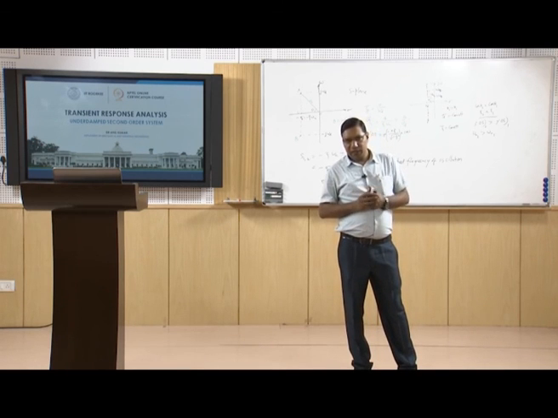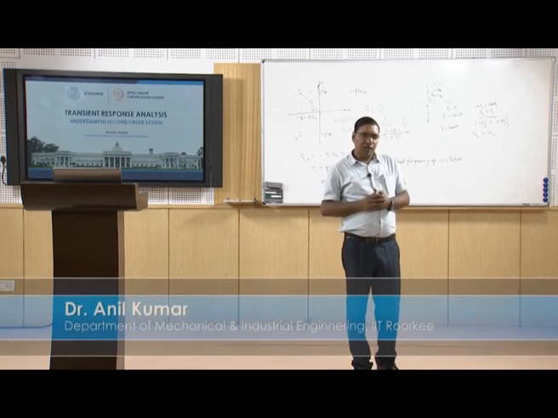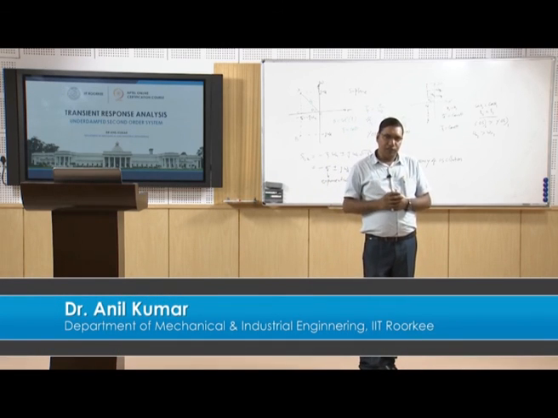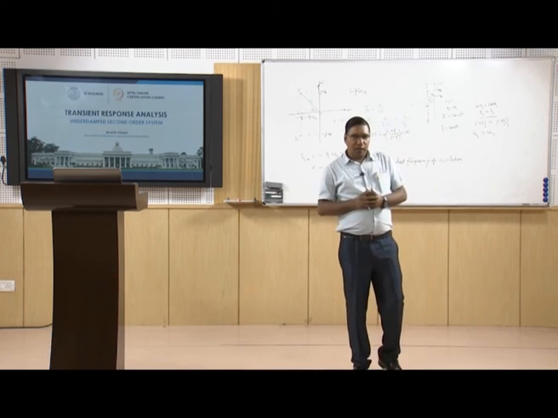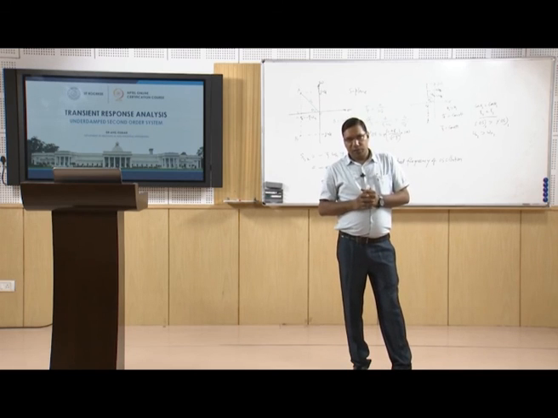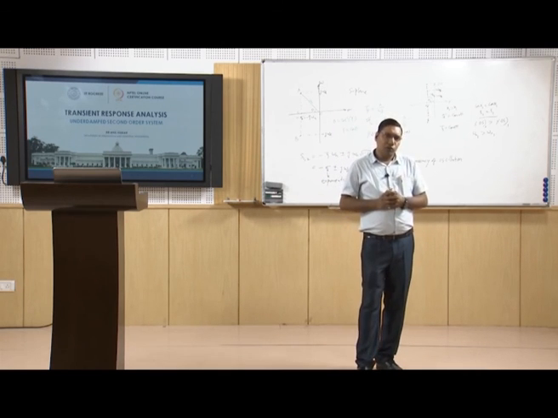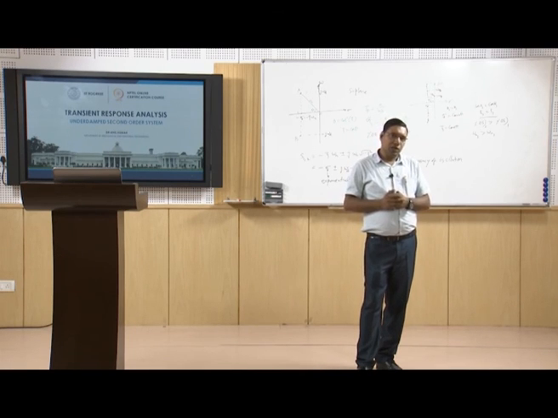So we saw that the underdamped system has a response that oscillates, but the amplitude is decaying with time as an exponential function, and we derived the formulas for the peak time, settling time, overshoot, rise time, and we saw what will be the effect of the movement of the poles in three different directions and how the response will change.